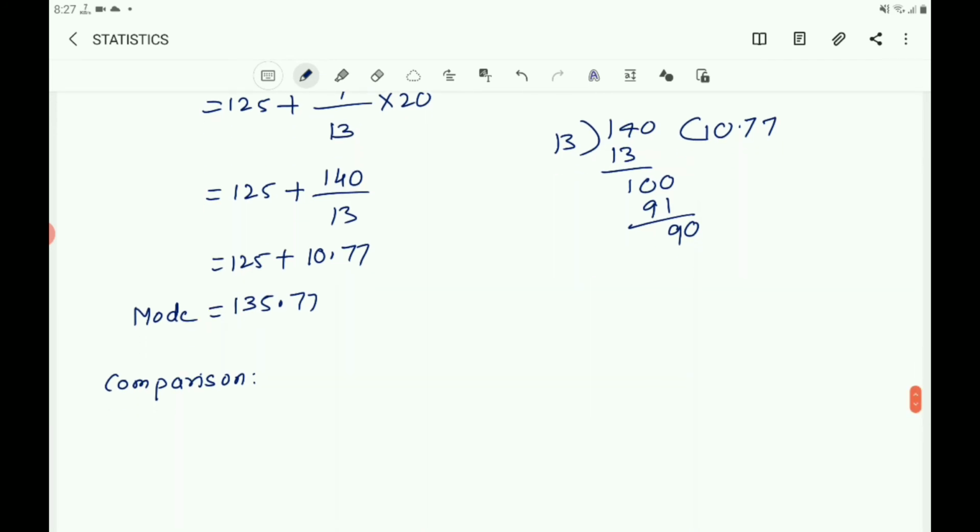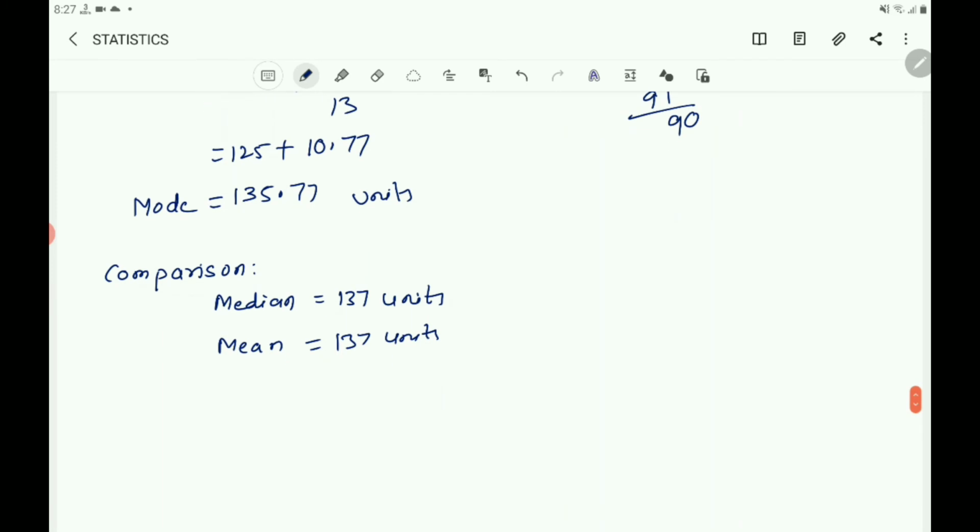So you write here: median equals 137 units, and mean equals 137 units, and mode equals 135.77 units.